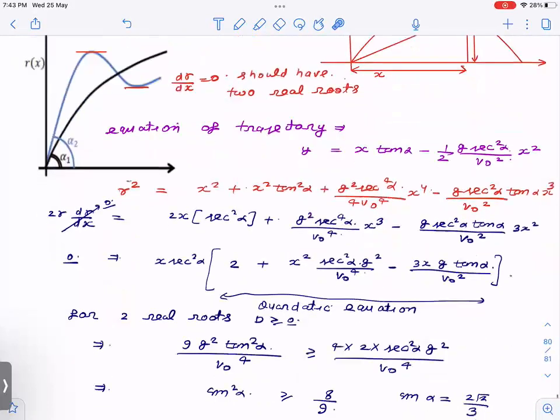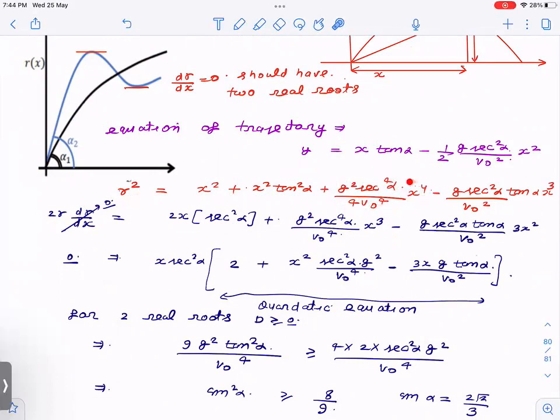After that, I have differentiated this, because dr by dx equal to 0 gives two real roots. If I differentiate, it becomes 2r dr by dx. Since r is not 0, it is 0 only at the origin. So 2r dr by dx is equal to this. Now 1 plus tan square alpha I've written as secant square alpha. X square becomes 2x, everything else is constant, since we are doing this for a particular alpha.